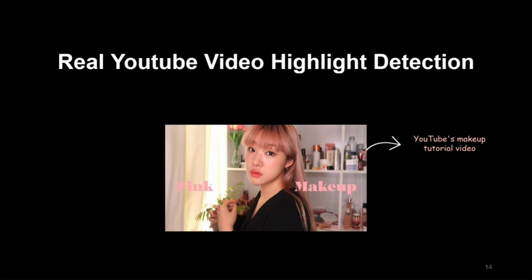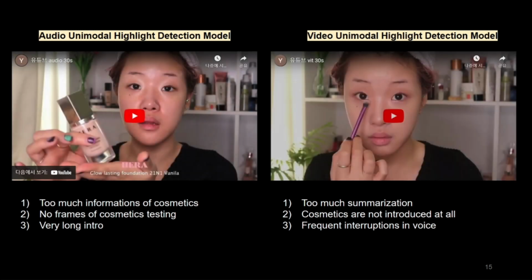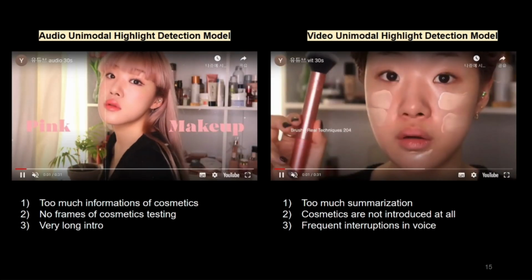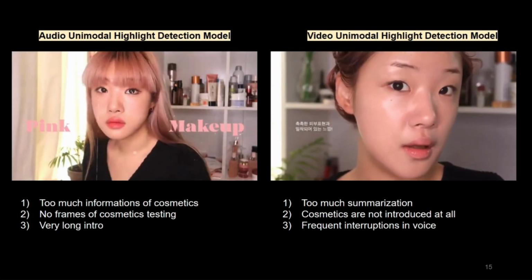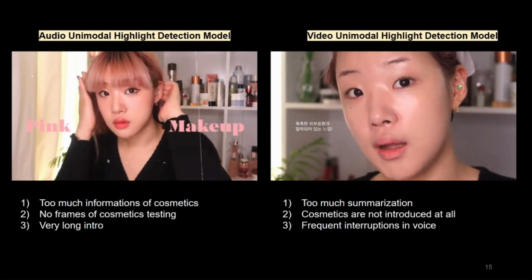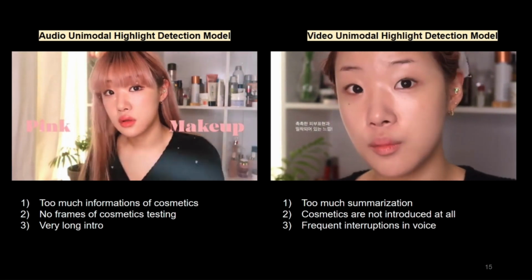And we summarized the makeup videos for 3 models and cut out the first 30 seconds. Firstly, I will show you the 2 unimodal models and then the multimodal model. So the left one is the unimodal highlight detection model using only audio, and the right one is using video.